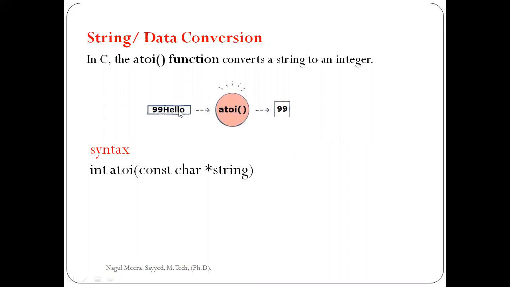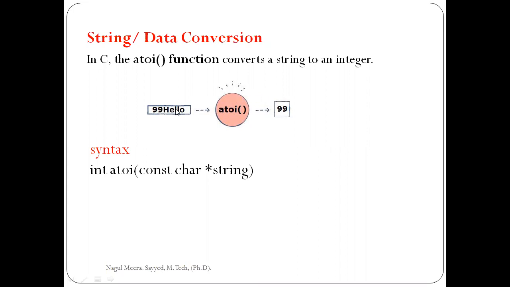What does this string consist of? Some digits and some characters. The ATOI function is used to eliminate the characters and print only the digits.